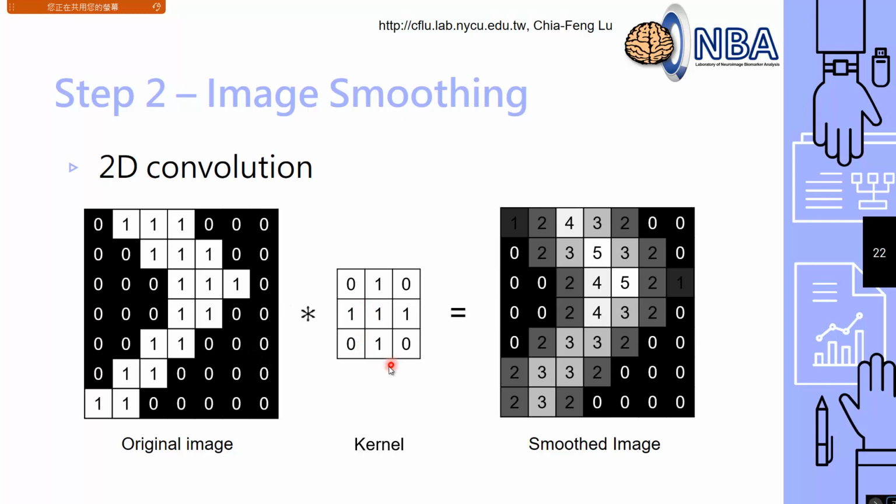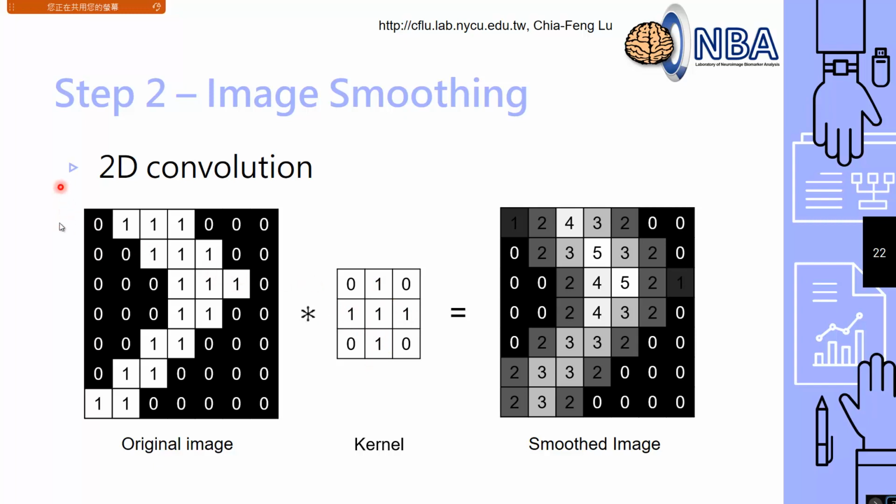Let's take a look. We can use this kind of kernel. It's like a cross in the center, and this cross comes with the value of 1. But for the corners, it's 0. So now you can think about this: this kernel will always calculate the average value within this cross area.